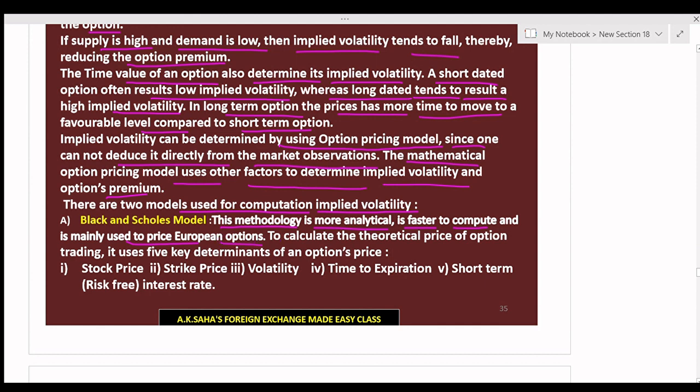To calculate the theoretical price of option trading, it uses 5 key determinants of option price, that is stock price, strike price, volatility, time to expiration, and short-term risk-free interest rate. And I will solve various problems based on Black and Scholes model after the option Greeks.